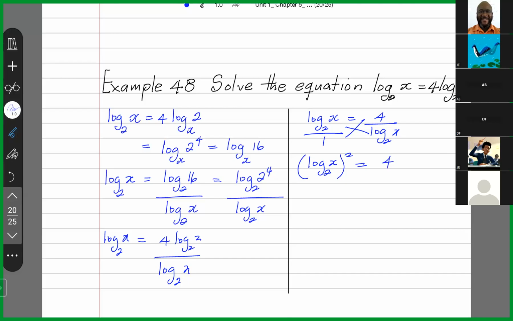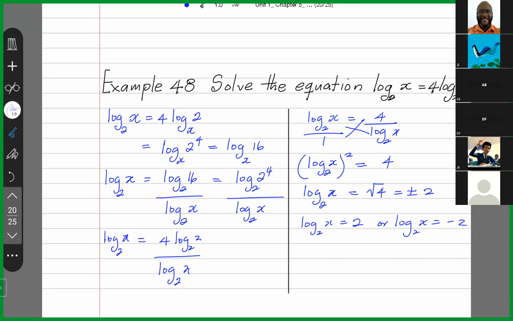Find the square root. The opposite of square is square root. So log to the base 2 of x is equal to the square root of 4, which is positive or negative 2. So now what we have is log to the base 2 of x is equal to 2, or log to the base 2 of x is equal to minus 2.